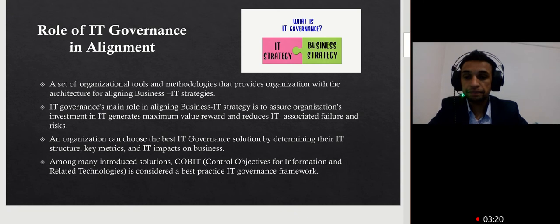An organization can choose the best IT governance solution by determining its IT structure, key metrics, and IT impact on business. Among many introduced solutions, COBIT, Control Objectives for Information and Related Technologies, is regarded as the best practice in IT governance, which we also learned about in the lecture. I have briefly discussed all these COBIT terms in my report as well.